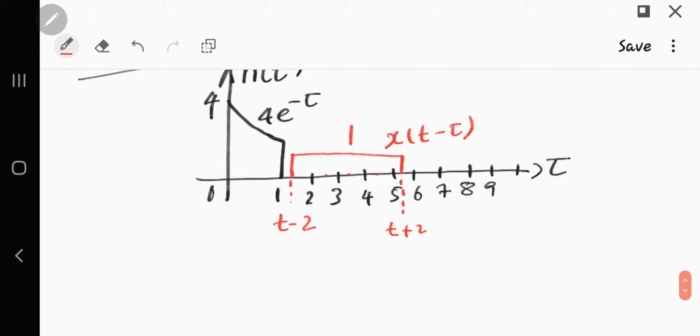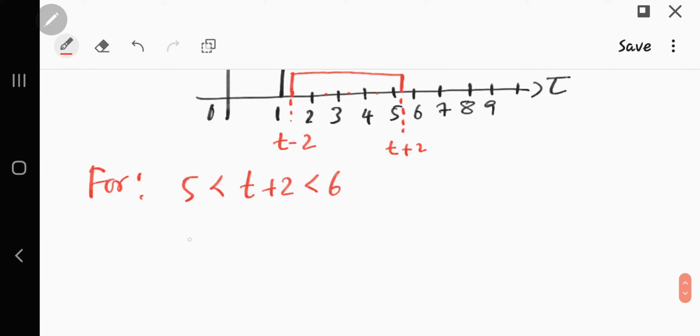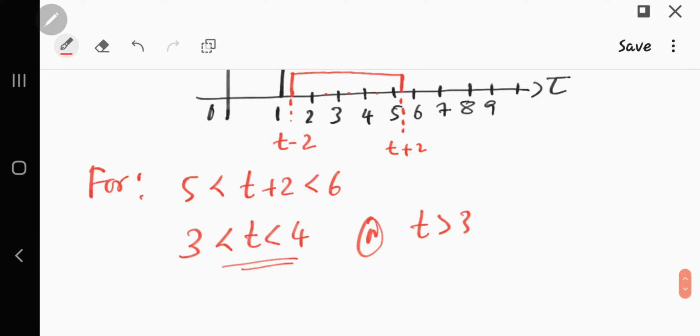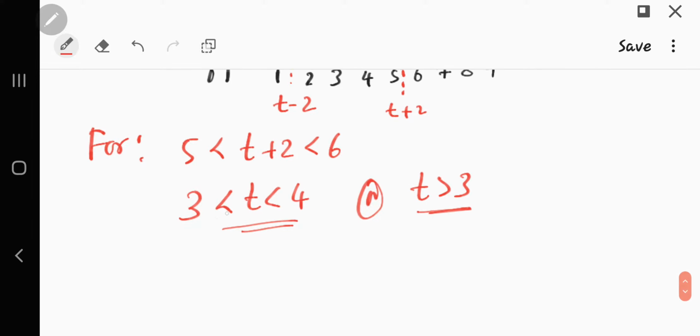So we have shifted the signal from one end to another end of h of tau. In the first case we started with no overlapping region, and then we got some of the region which overlapped on h of tau and x of t minus tau. They both get overlapped, and finally we arrived at a point where there is no overlapping happening. So from this point onwards, y of t will be 0. So for t plus 2 less than 6 greater than 5, or if you simplify this, t between 3 and 4 for this particular region, or you can simply write it as for t greater than 3 to keep it simplicity, because t is greater than 3 less than 4, and from this onwards it will be 0 here.